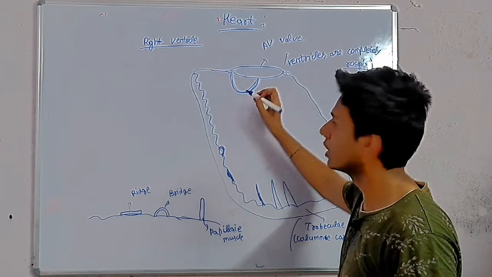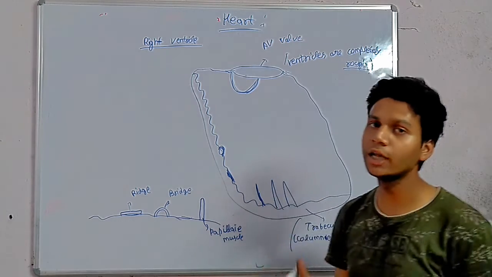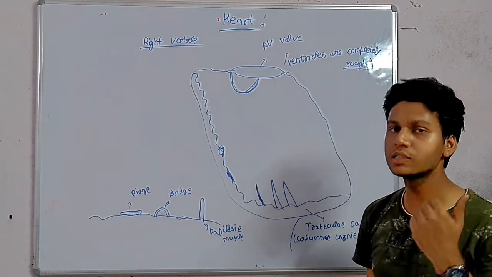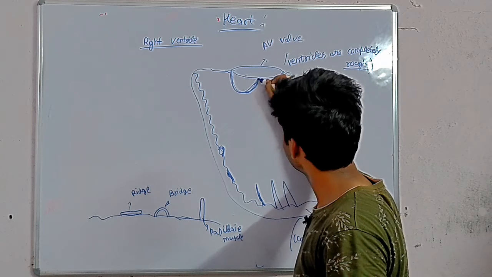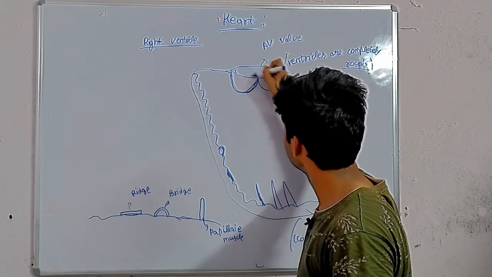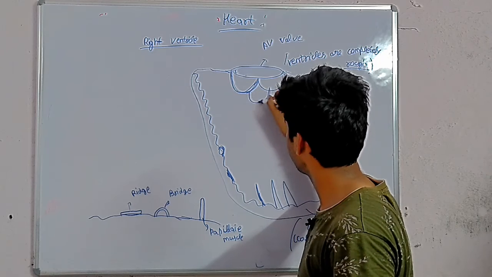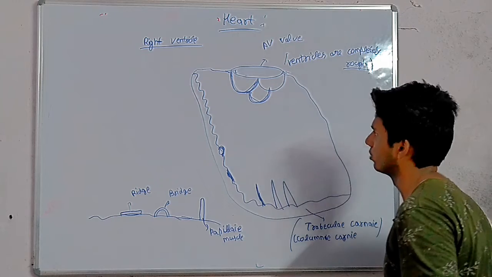We know the heart has three layers: the inner is endocardium, the middle is myocardium, and the outer is epicardium. So the three cusps are extensions of the endocardium.